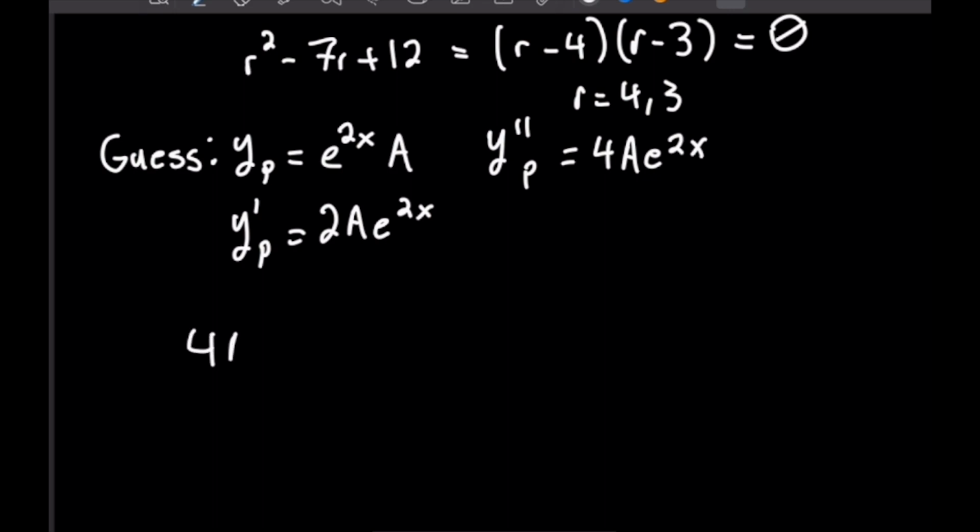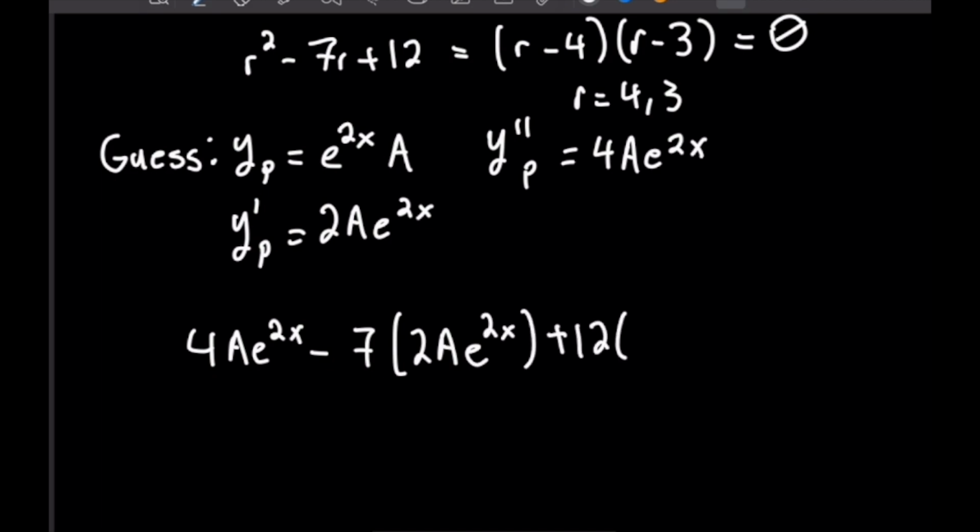We will have 4a e to the 2x minus 7 times 2a e to the 2x. And that's all going to be plus 12 times e to the 2x times a. And that is equal to 4e to the 2x. So we can go ahead and cancel out all these e to the 2x terms.